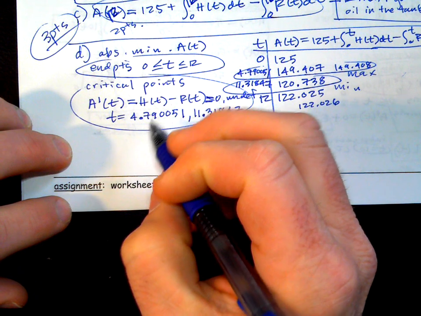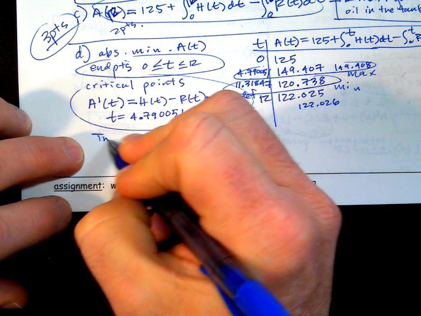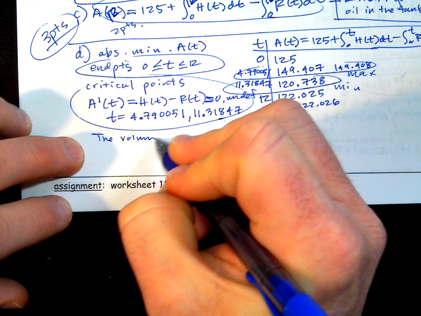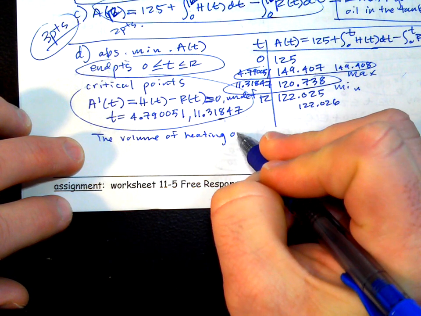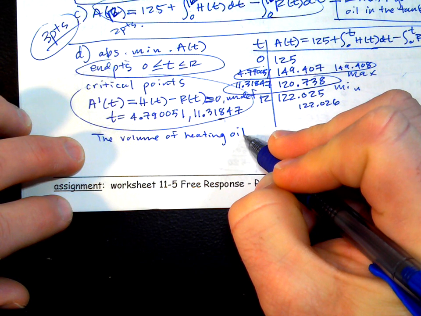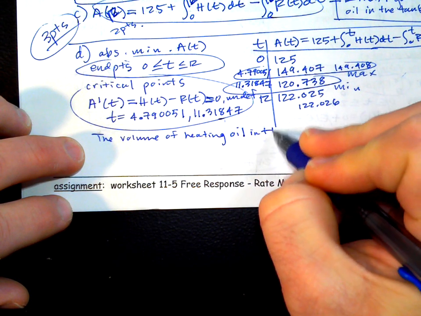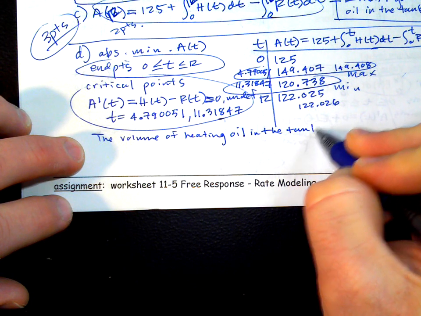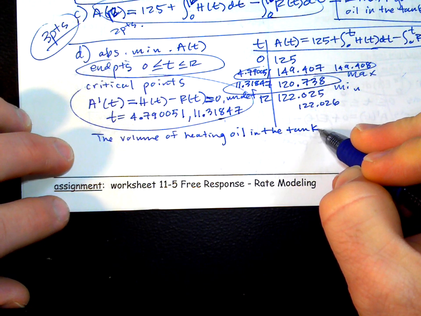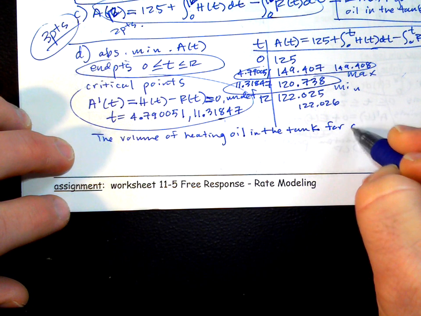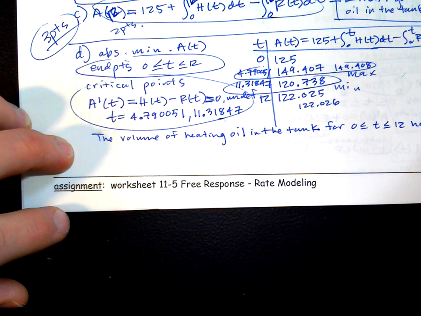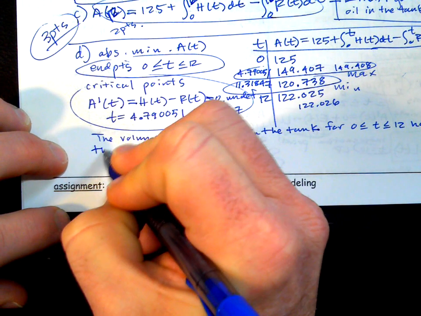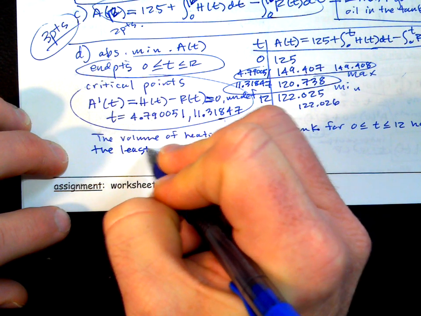So we're going to say: the volume of heating oil in the tank for 0 to 12 hours is the least, and I always write what that value is.